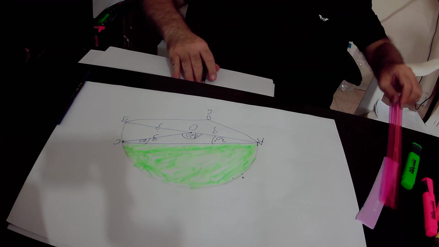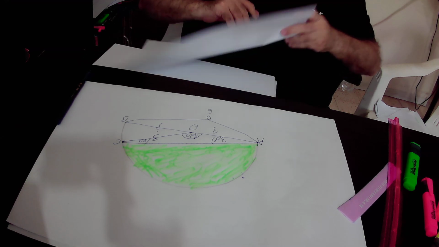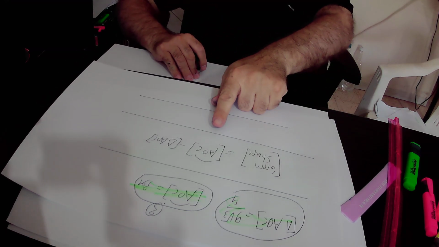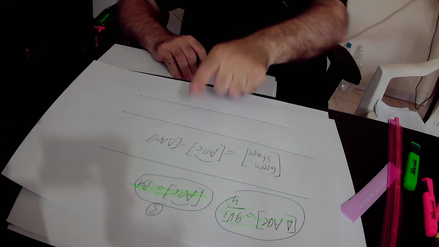Repeat again, the area of the green shape equals the area of sector AOC minus the area of triangle AOC.